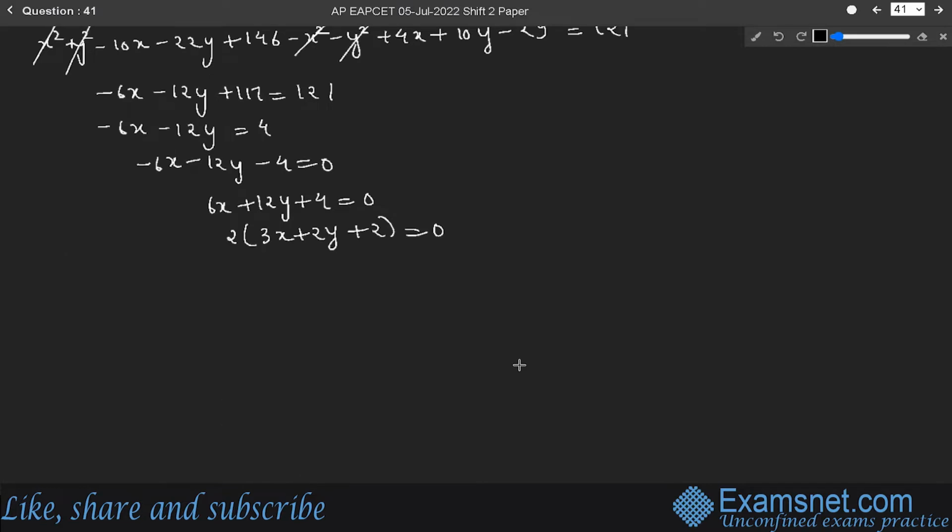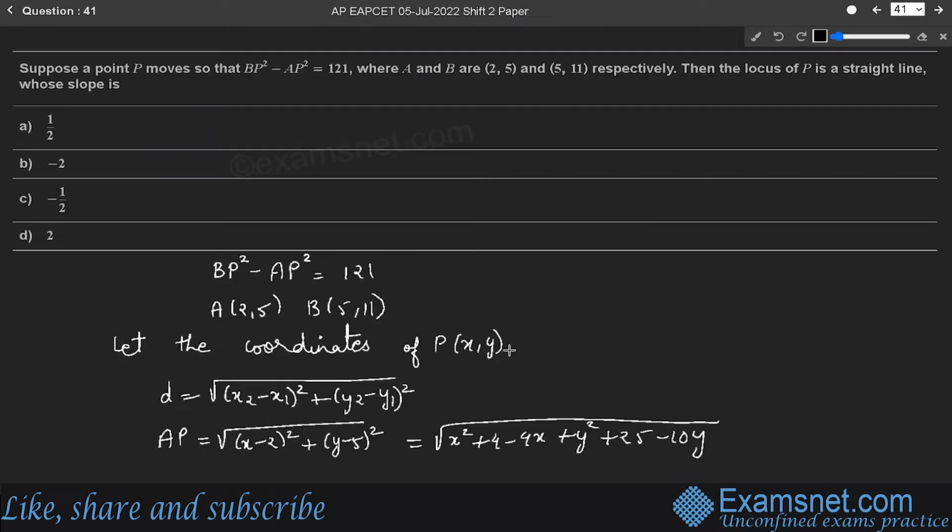Therefore, according to this equation, slope will be equal to minus 1 upon 2. So the value for the slope is minus 1 upon 2, which is option number C here.